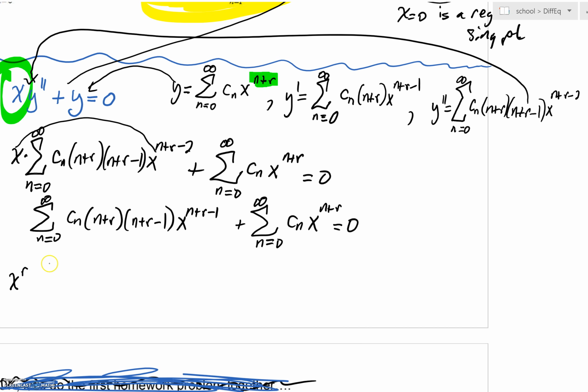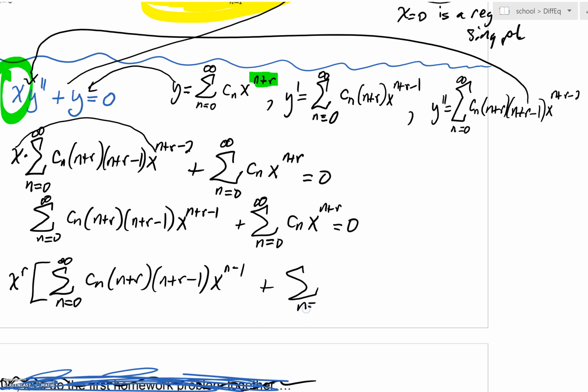So, guys, go ahead and pull an x to the r out of both of your sigmas. And as you do that, it's going to get cleaned up just a little bit more, and every little bit is, of course, a help. I'll just have an x to the n minus 1, because I'm losing that r right there. And then in this second sigma, I'm going to lose that r. I'll just have x to the n.